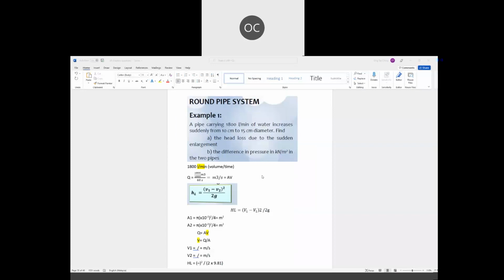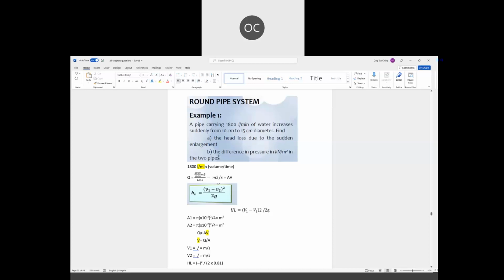Okay, so we are going to look at an example of using the enlargement equation. I will guide you through this. If you have a pipeline carrying 1,800 liters per minute of water, and it suddenly increases in diameter from 10 centimeters to 15 centimeters, your first task is to calculate the head loss due to sudden enlargement.